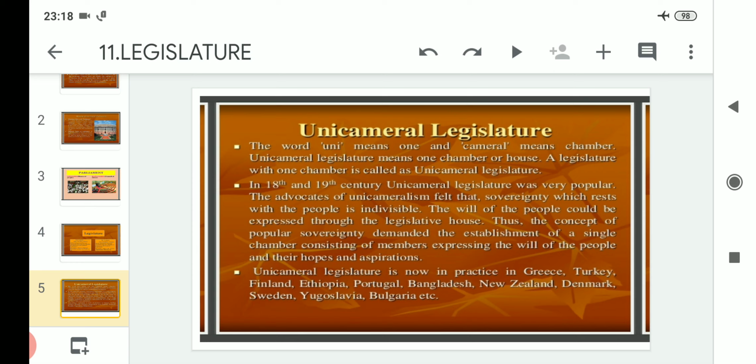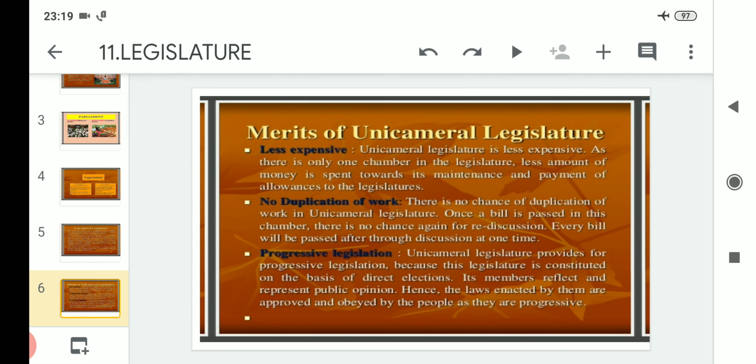That means some of the countries that still have this unicameral legislature, one chamber or one house, are Greece, Turkey, Finland, Ethiopia, Portugal, Bangladesh, New Zealand, Denmark, Sweden, Yugoslavia and Bulgaria, etc. Other than these there are also many countries, but some of the names are given that follow the unicameral legislature. Now moving on to the next point, that is merits of unicameral legislature.